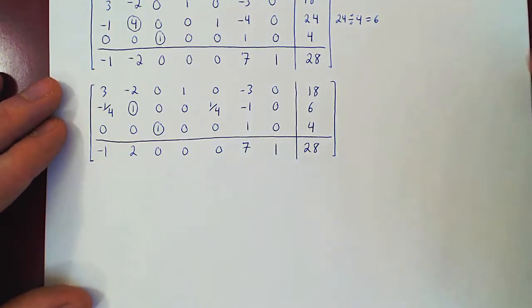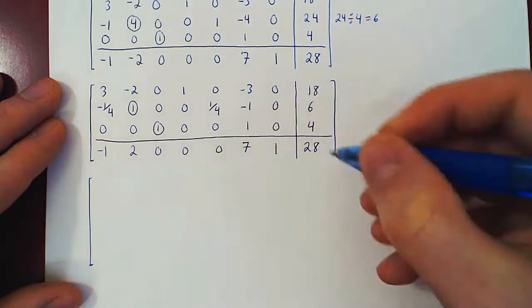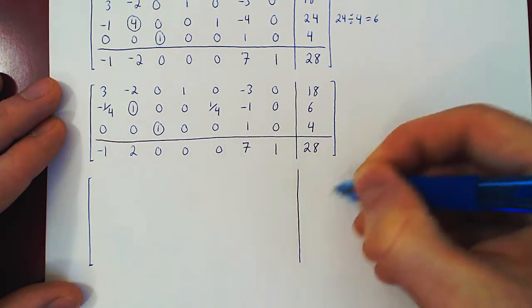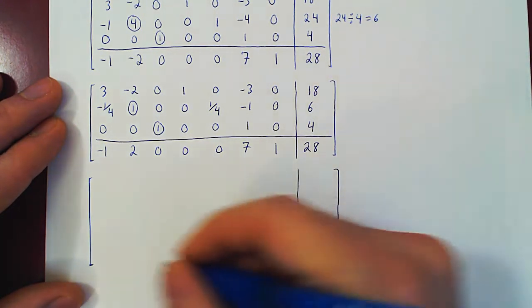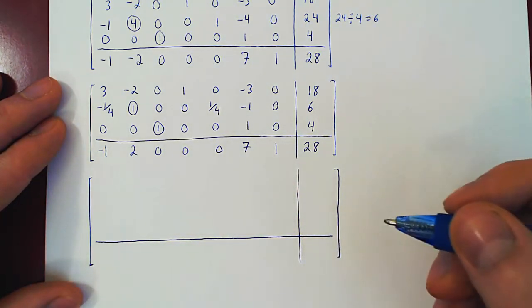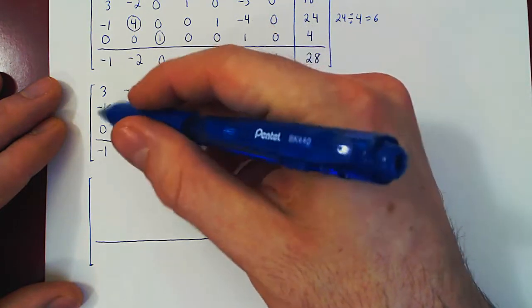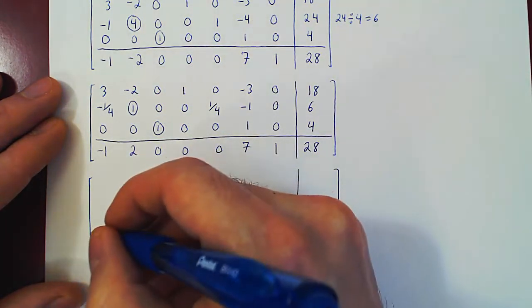Well, let's do so. We can recopy row 2 and row 3, as we're not going to change those two.